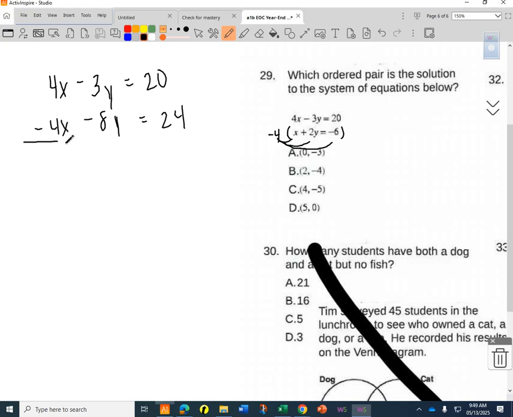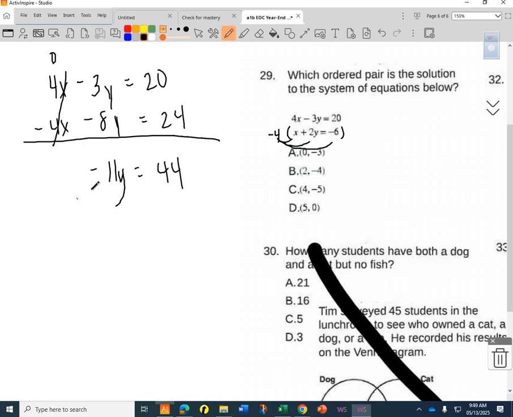So now when I add them, 4x plus negative 4x, or 4x minus 4x is 0. So my x's have been eliminated. Negative 3y minus 8y is negative 11y. 20 plus 24. So negative 3y plus negative 8y is probably a better way to think of it. So we're not subtracting this number.